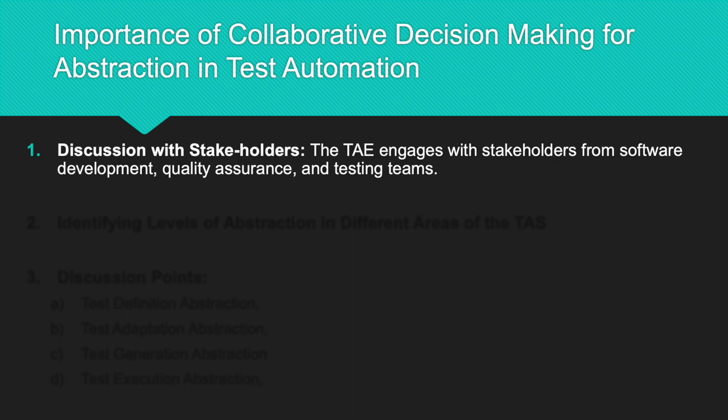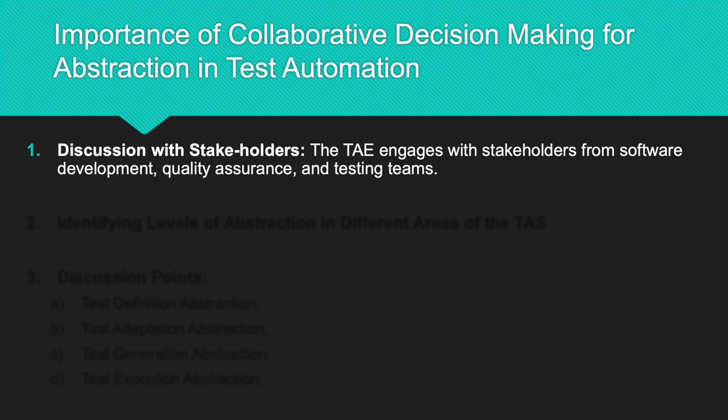Collaborative decision making for abstraction in test automation is essential, or we can say it is actually crucial, because it involves gathering input and insights from various stakeholders, including software developers, quality assurance professionals, and testers.